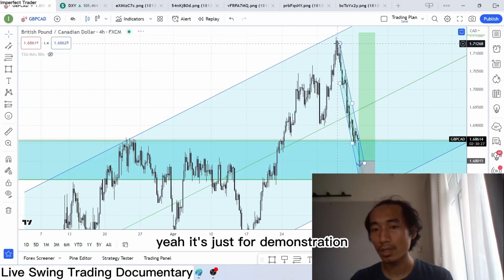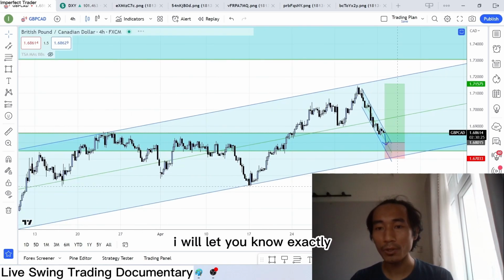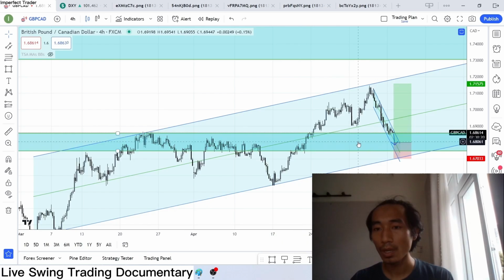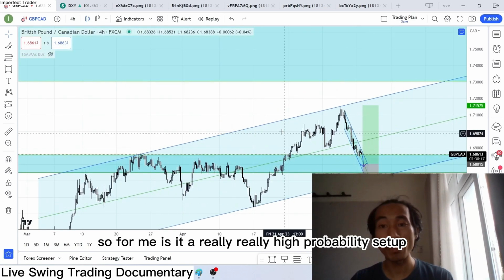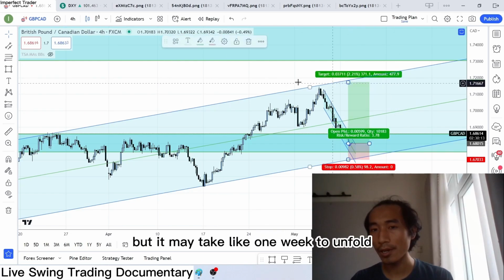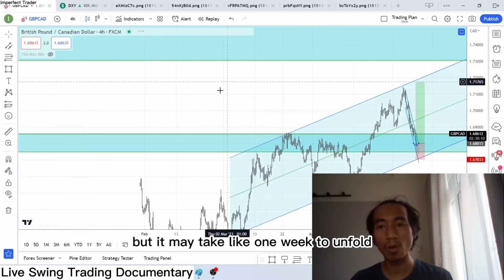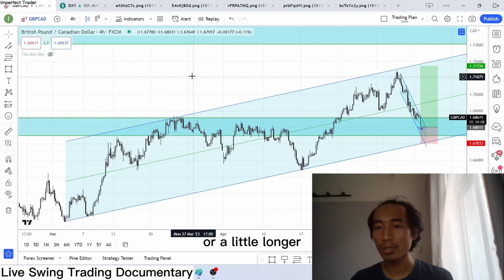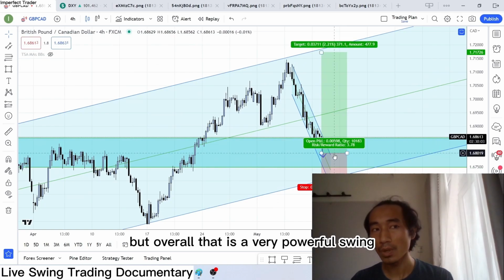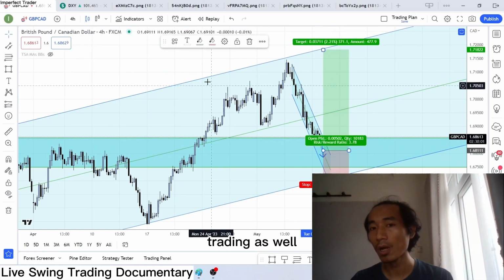Yeah, it's just for demonstration. I will let you know the exact stop loss and entry as we go deeper. So for me, this is a really high probability setup, but it may take like 1 week to unfold or a little longer, depending on how strong the British pound is. But overall, that is a very powerful swing trade as well.